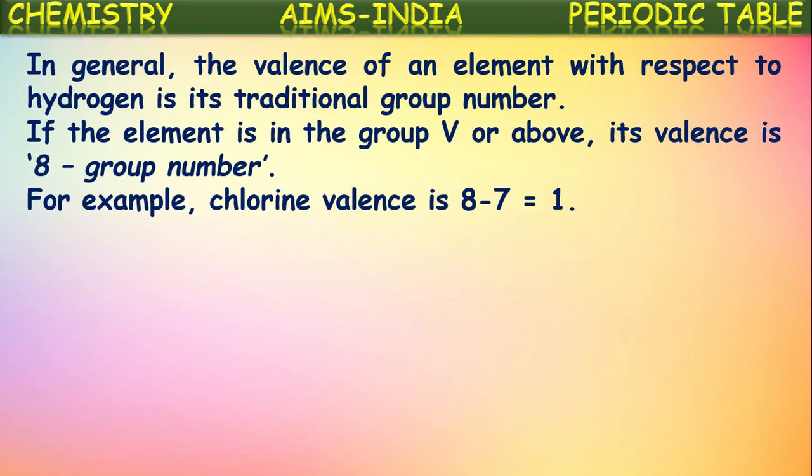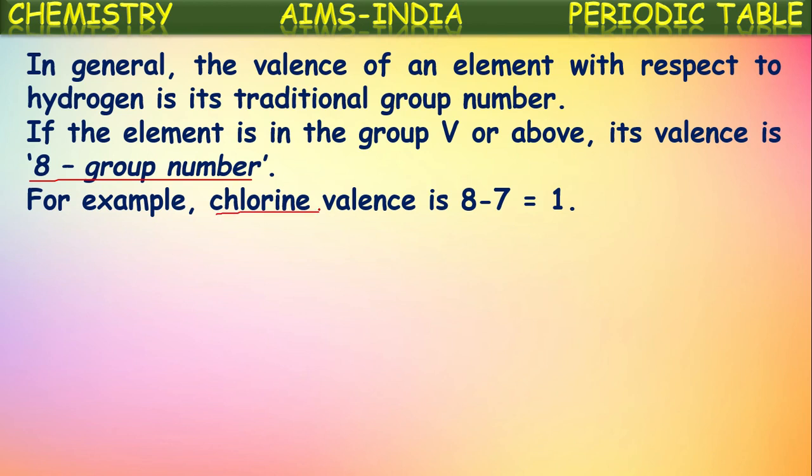If the group number is greater than 4, that means groups 5th, 6th, 7th and 8th, for these group elements the valency is considered as 8 minus the group number. For example, one of the 7th group elements is chlorine. The valency of chlorine is considered as 8 minus its group number.